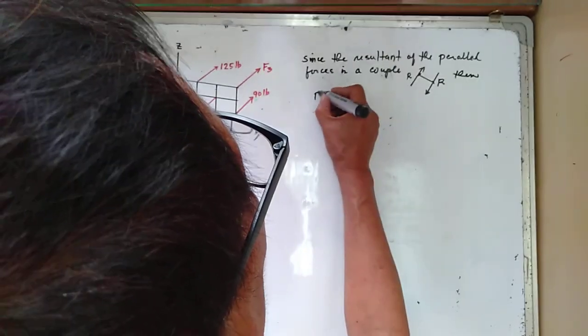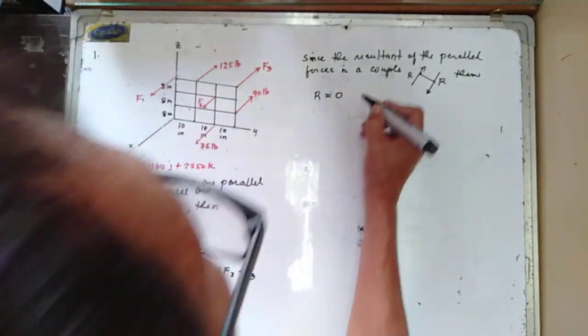The R in this direction and the R in that direction net to 0.